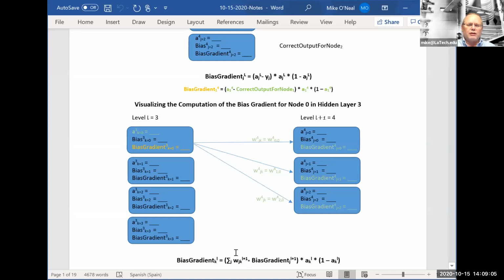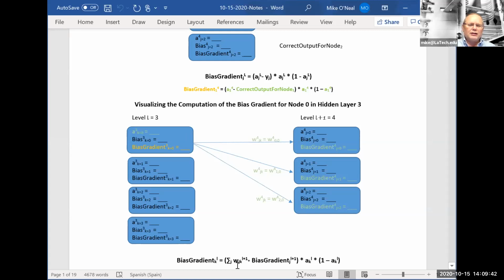So if this were 3, that would be 4, the bias gradient in level 4 sub j. What's this w_jk? Remember, the j is the node you're going to, and the k is the node you're coming from. We're interested in node k here, so we're not summing over k's, we're summing over j's. So from k to j, from k to the next j, from k to the next j.